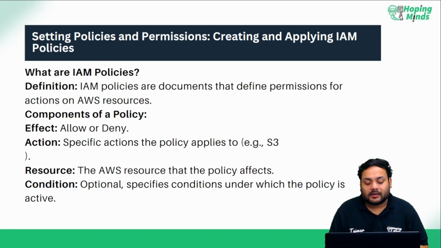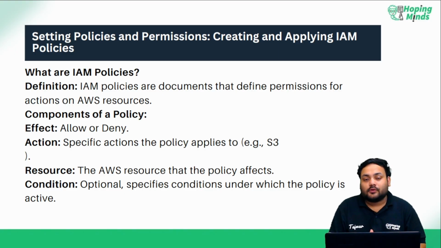Then we have resources, which means the AWS resource that the policy affects, on which particular resource this policy is going to act. And we have conditions, where we define under which specific condition this policy is going to work.